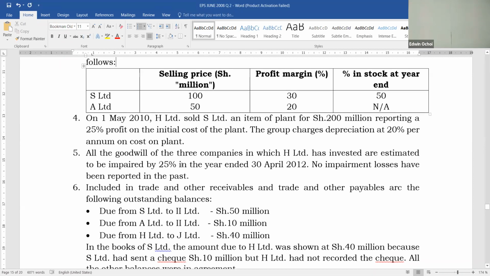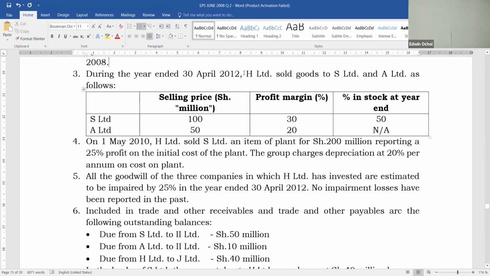Like now in this scenario, in note 3, when H was selling goods to S for 100, profit margin was 30. You can see the only percentage which was unsold by S by the end of the year was 50%, which means that 50% was already sold.